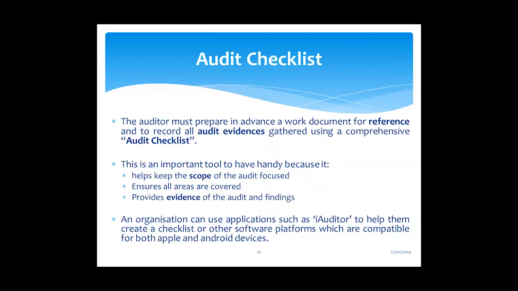Now, the most important thing is the audit checklist. The auditor must prepare in advance a work document known as a checklist for reference and to record all audit evidence gathered, using a very comprehensive checklist. This is really an important tool. It keeps the scope of the audit focused, ensures all areas are covered, and provides evidence of audit and findings.